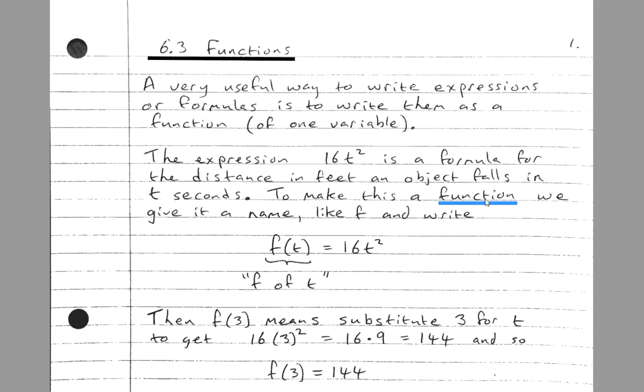To make this a function, we can give it a name, like f or g or any letter, and we write this. So this is setting up our function. The way to read this left side is f of t, and that's equal to 16t squared, that expression.